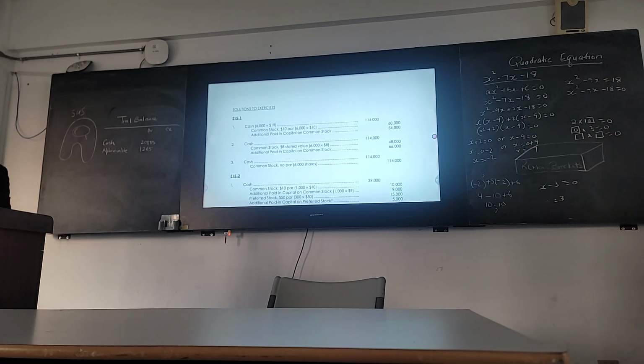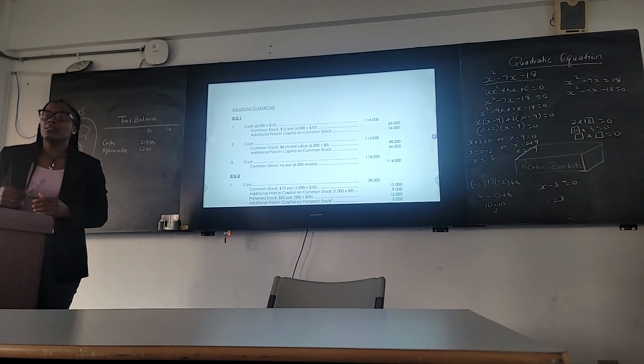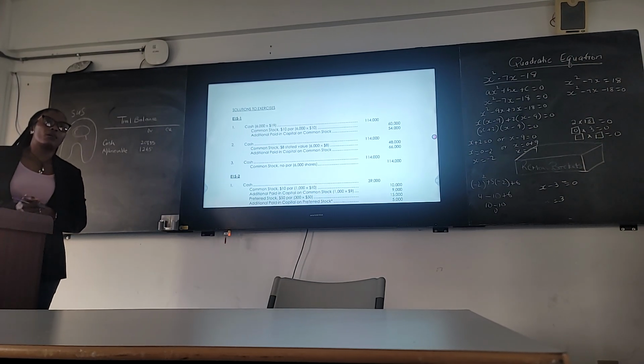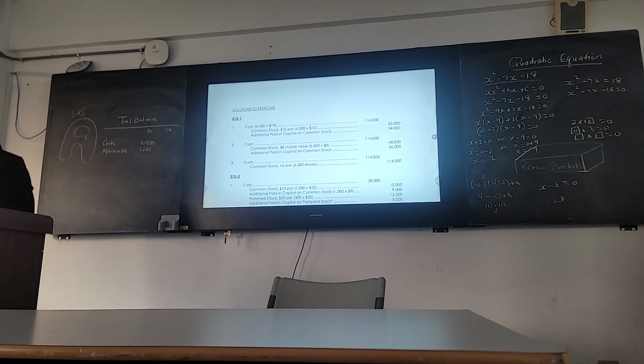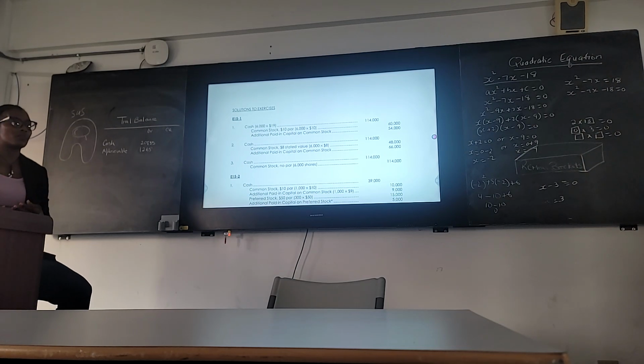So in the first one, when the shares have a par value of $10, we know that anything above par value will go to additional contributed capital on common stock, and the common stock account will be recorded at par. Since it is 6,000 shares at $10, our common stock should have an increase of 60,000 being credited. But it was sold for $19, so that excess of $9 times the 6,000, which is 54,000, should go to additional paid-in capital on common stock.